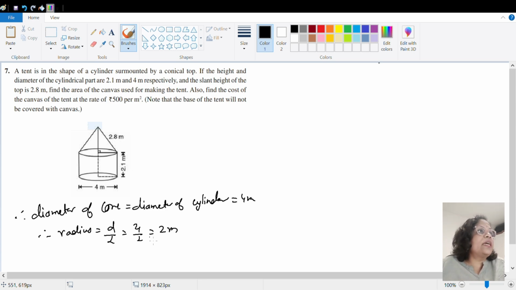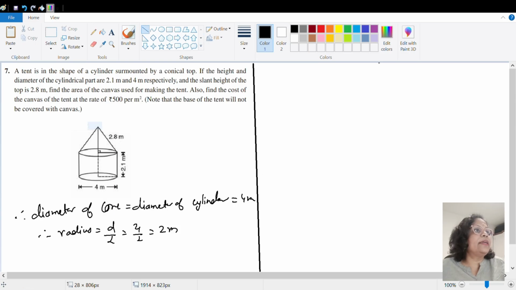Now we will start with our final calculation of getting the tent, that is, we have to find the area of canvas. Area of the canvas will be equal to the area of the tent, correct?